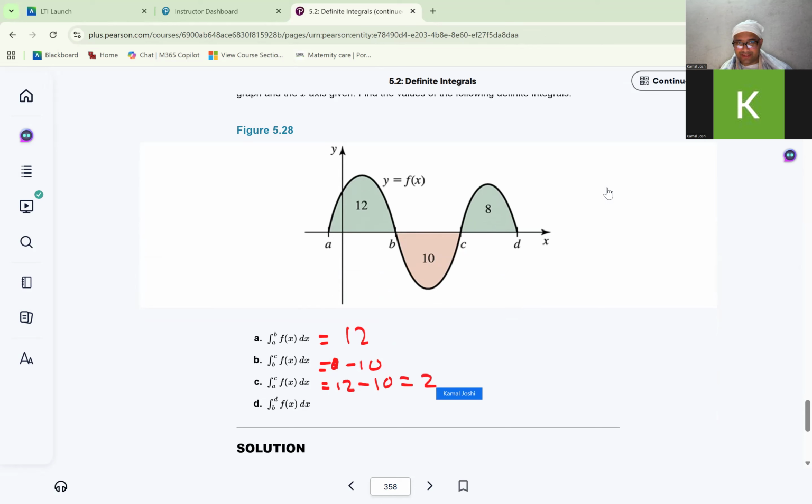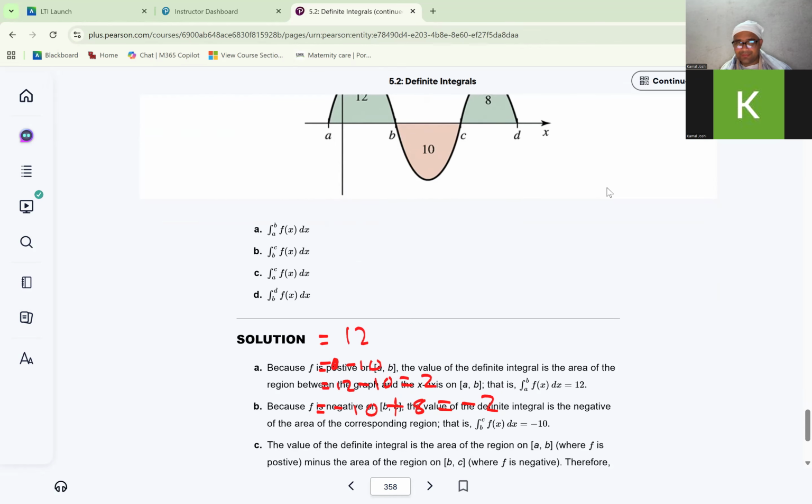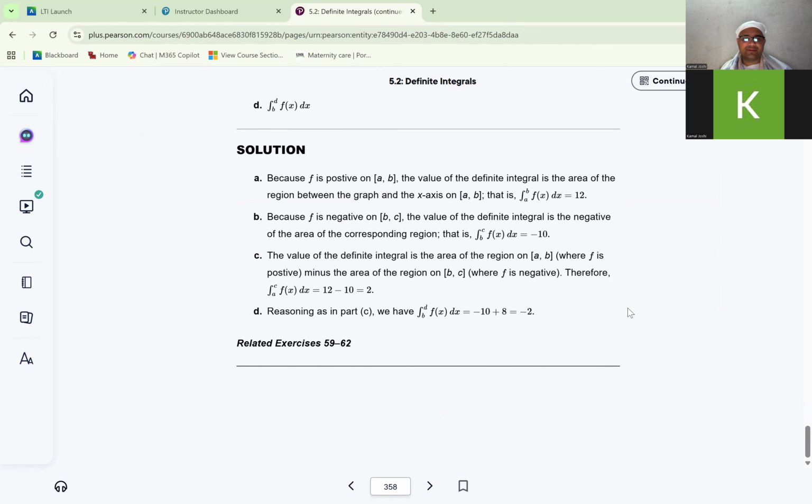The integral from b to d would be minus 10 plus 8, which is minus 2. I think what I wrote there is kind of self-obvious and also illustrates the concept. Moving on.